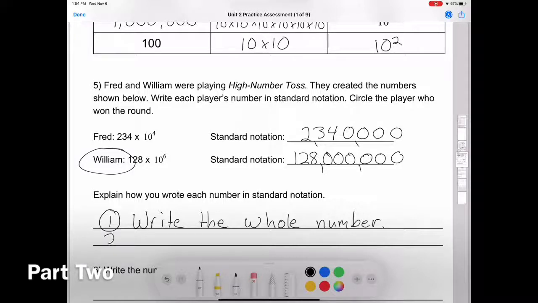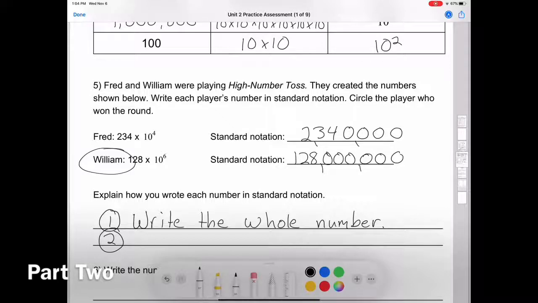Step 2. What's step 2? Daniel? Add all the zeros. How do you get the zeros? By looking at the what? What do we call that little number? Exponent. Exponent.